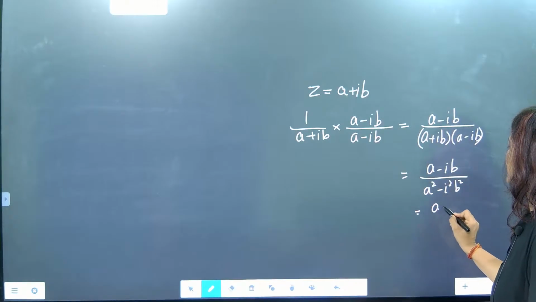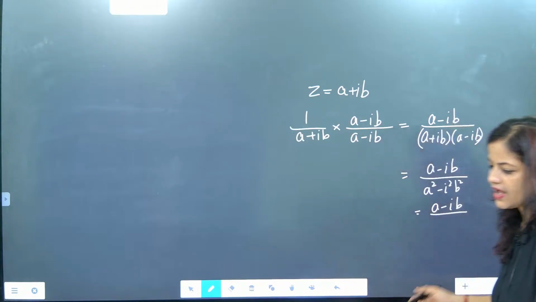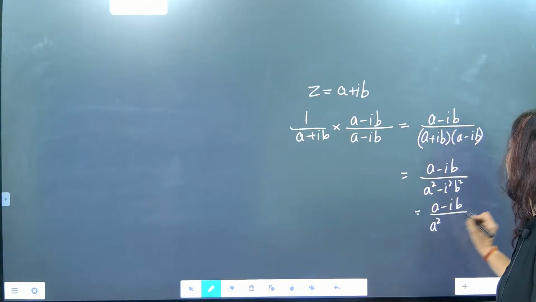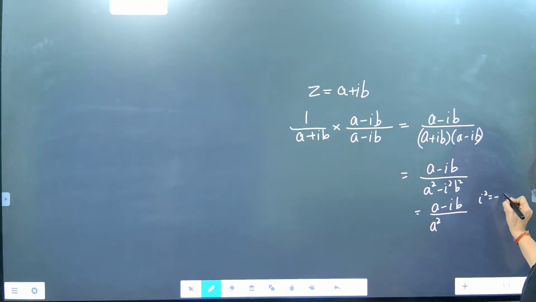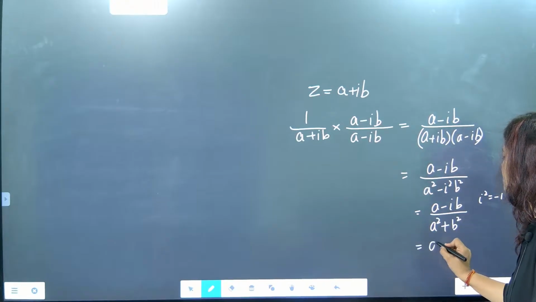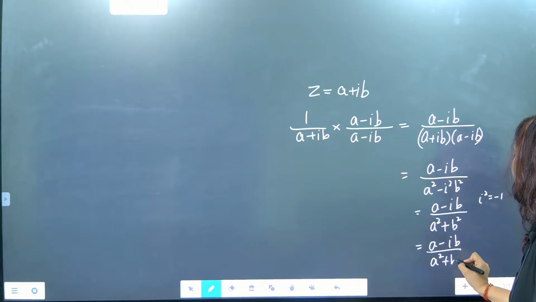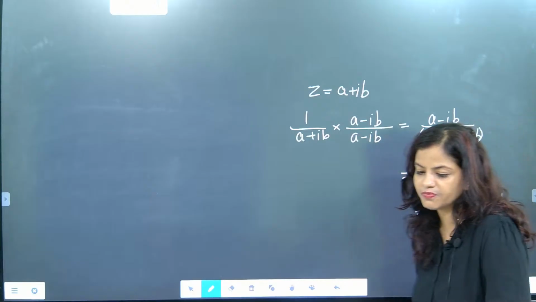Since i square is equal to minus 1, it is coming a square plus b square. So it is coming as a minus ib by a square plus b square. So that is the multiplicative inverse part.